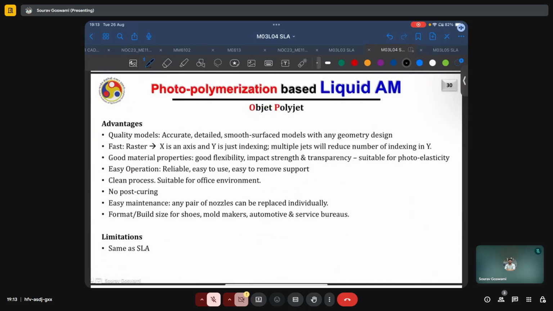Some of its advantages and limitations are mentioned here. So, because of the very good layer resolution of 16 micron, it can print very accurate and detailed models with smooth surface finish and of any complex geometry. It is very fast because it uses a raster-like printing strategy, where X is the axis along which is being printed, where Y is just the indexing.